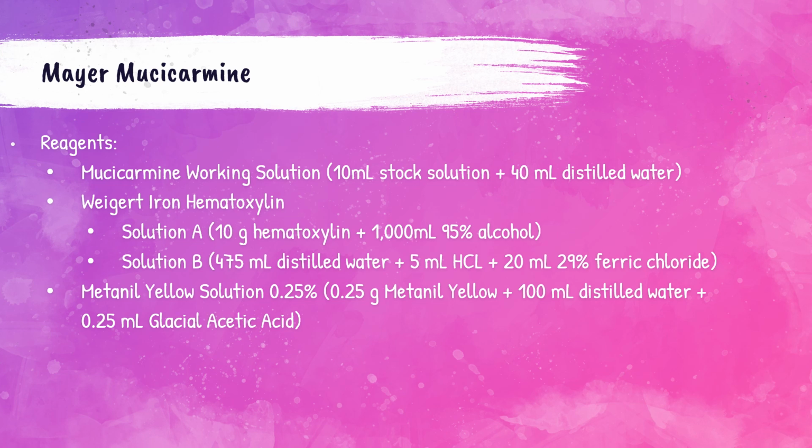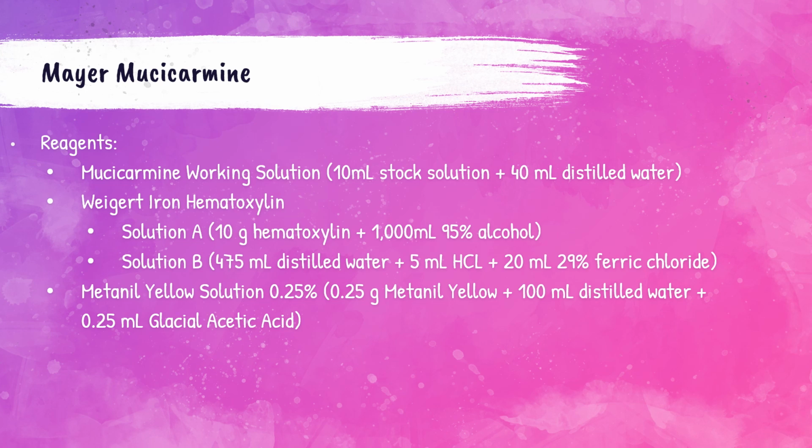Weigert iron hematoxylin. To prepare this, there are solution A and solution B. Solution A is created by combining 10 grams of hematoxylin and 1,000 milliliters of 95% alcohol. Solution B is created by combining 475 milliliters of distilled water, 5 milliliters of hydrochloric acid, and 20 milliliters of 29% ferric chloride.